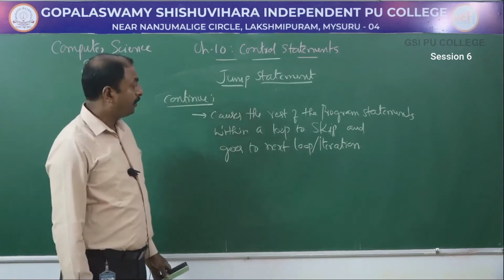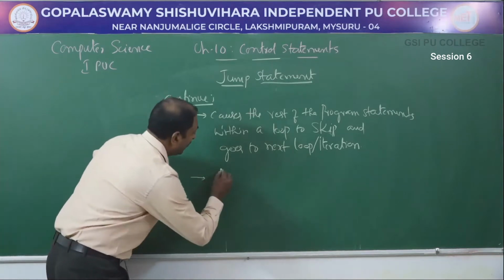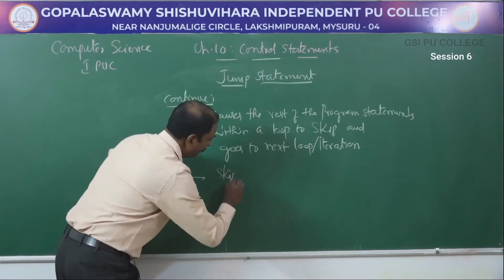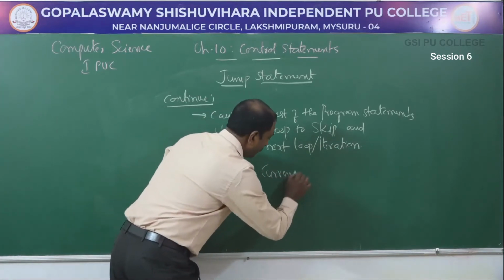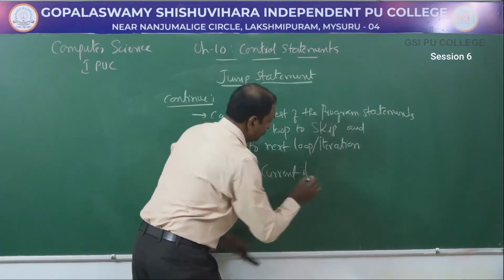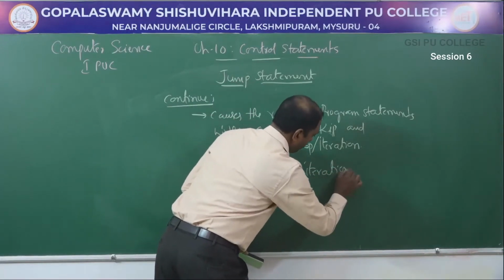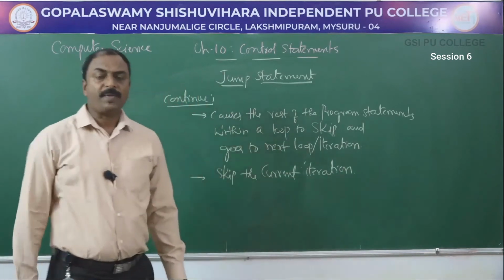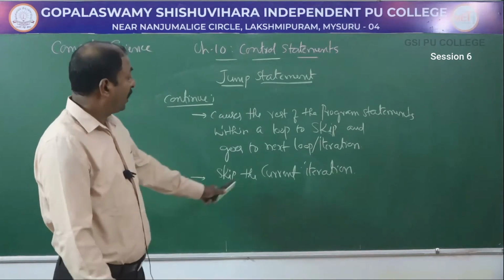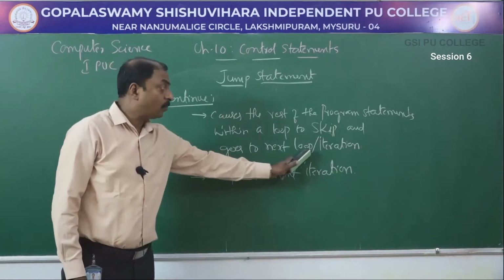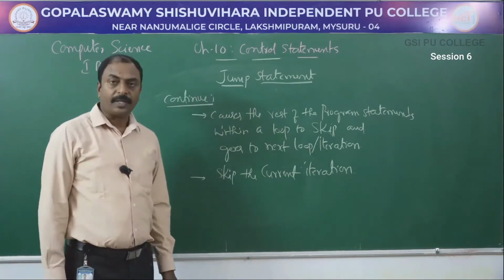In other words, it's going to skip the current iteration. Means it's going to skip only one iteration or only one loop. Then immediately after that it goes to the next loop or next iteration. So this is the continue statement.